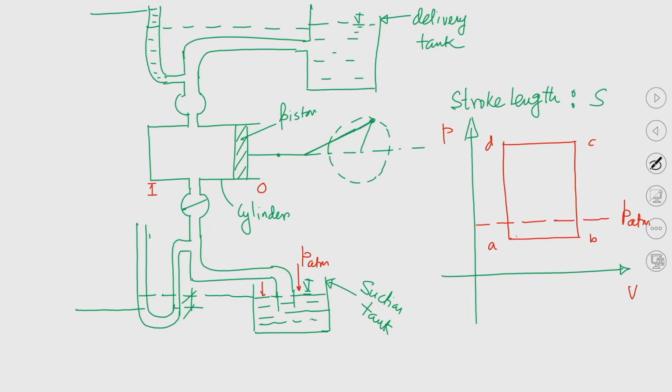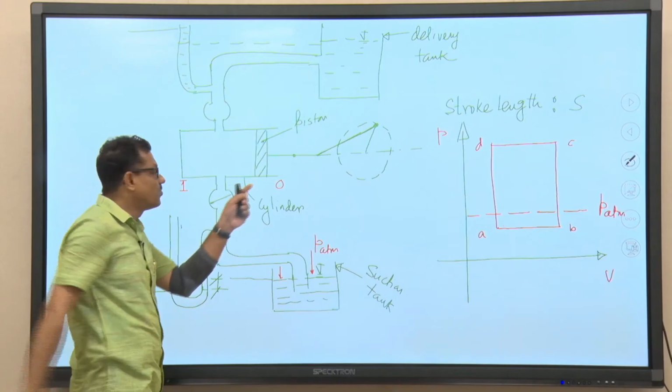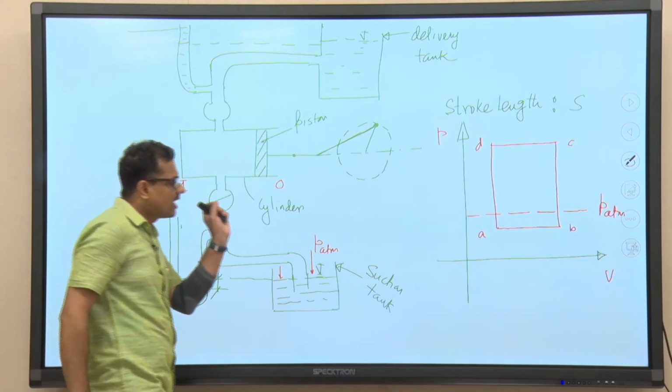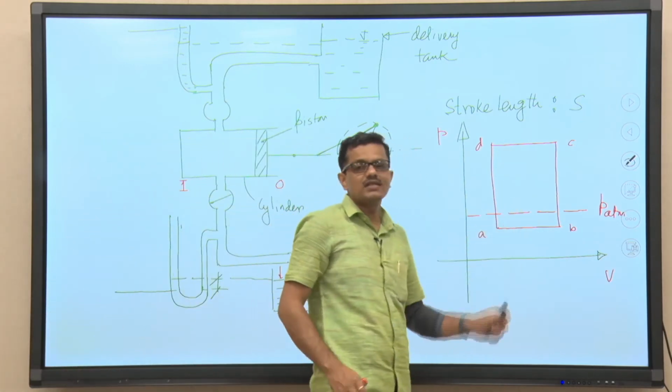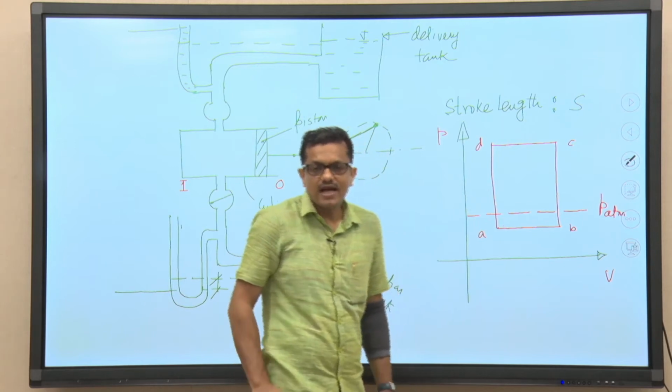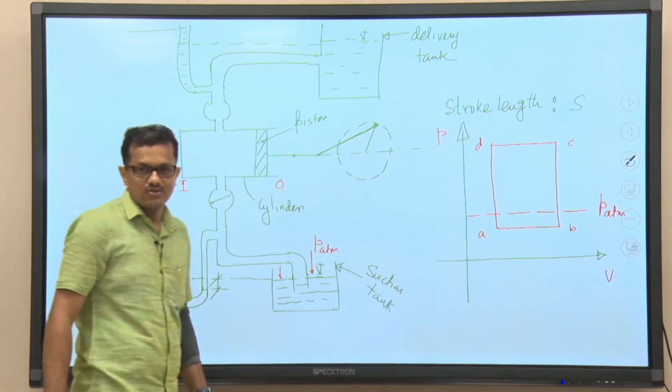Basically, this is the beginning of the suction stroke, which is represented in this PV diagram by point A. Now, when the piston is reaching the outer end of the cylinder, shown by point B, the pressure inside the cylinder appears to remain constant, but that will not be the case in a real situation.